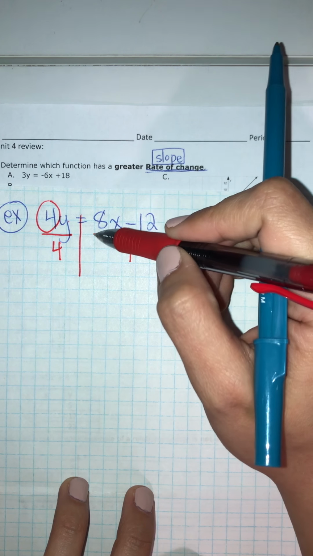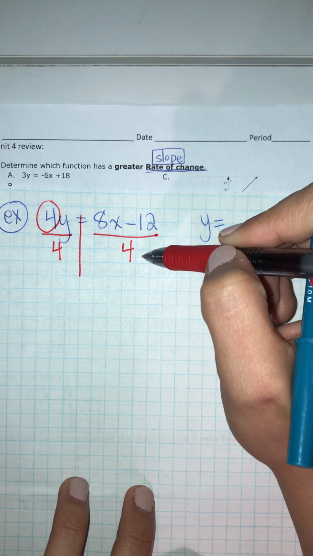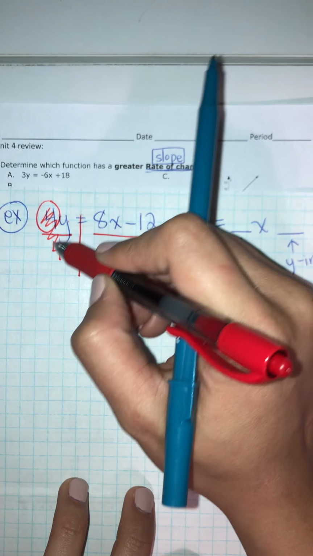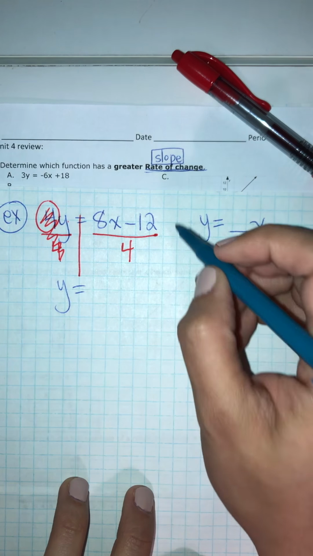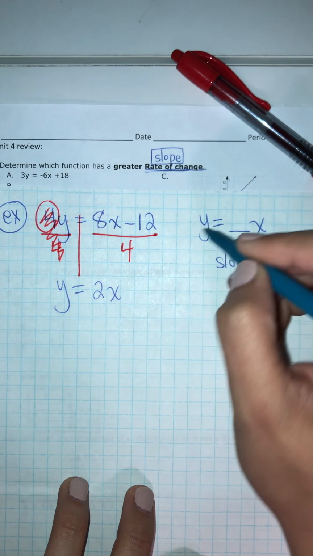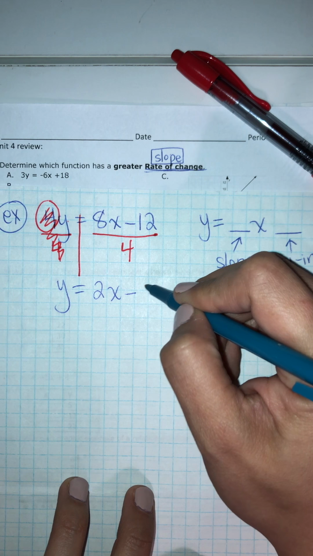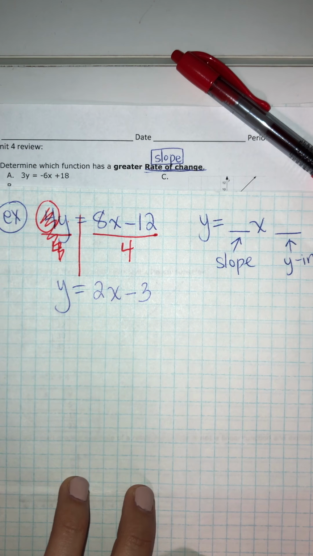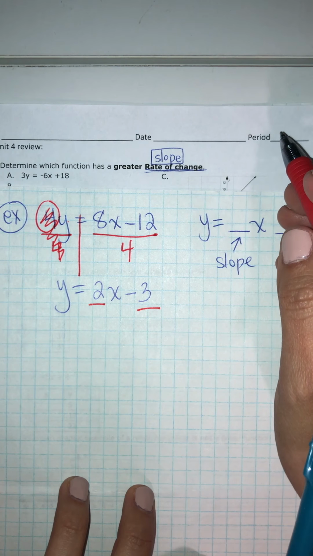Notice that I underlined everything on the right side, meaning I have to divide the whole thing by 4. This goes away. We're left with y equals 8 divided by 4 is 2, minus 12 divided by 4 is 3. So now we can see what the slope and the y-intercept are.